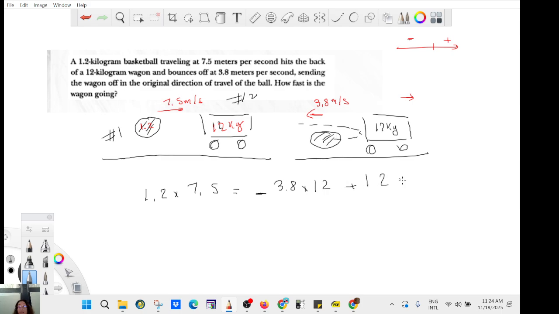Plus 12 times V2 prime. Okay, that's the only challenge in kinematics in 1D, is to make sure that you have the negative if it's moving to the left. So V2 prime equals... I found that now.